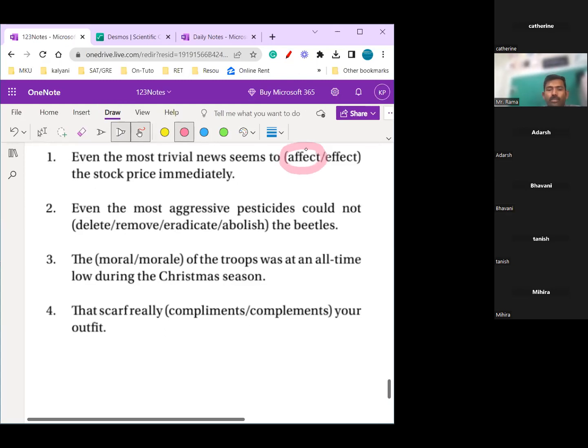Okay, number 2. Mihira, can you please read the next one? Even the most aggressive pesticides could not delete, remove, eradicate, abolish the beetles. Put the answers on that one. Let's see what you think. Good, very good.